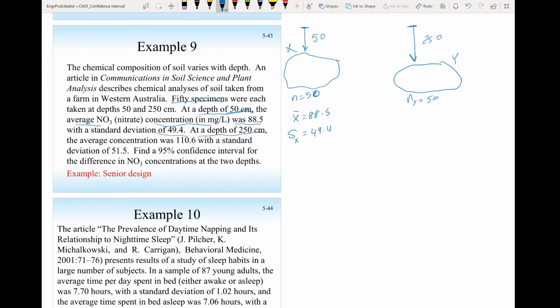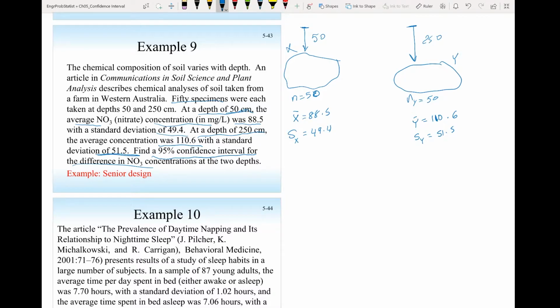At depth 250, the average concentration was 110.6. So y bar is 110.6 with a standard deviation of 51.5, Sy is 51.5. Find a 95% confidence interval for the difference in nitrate concentration at the two depths.